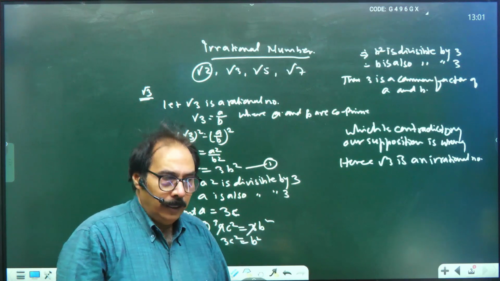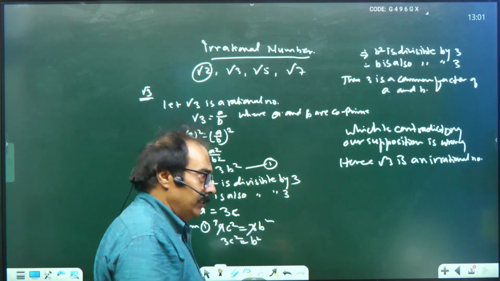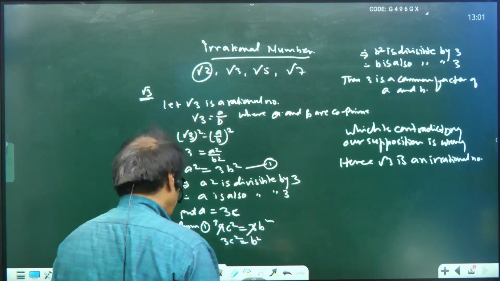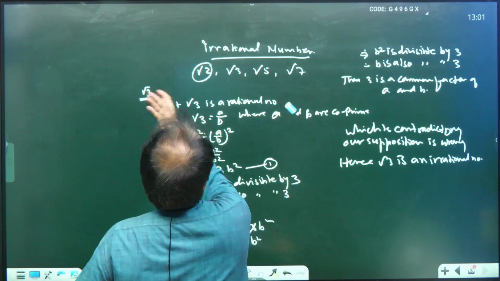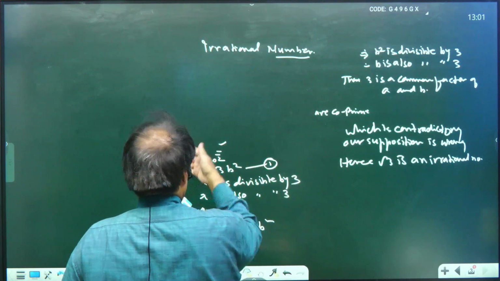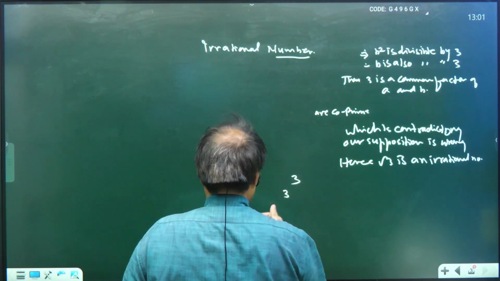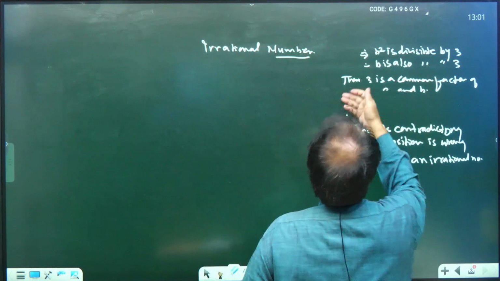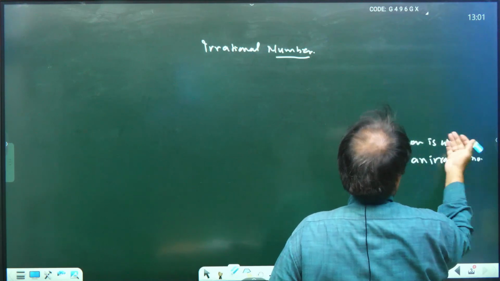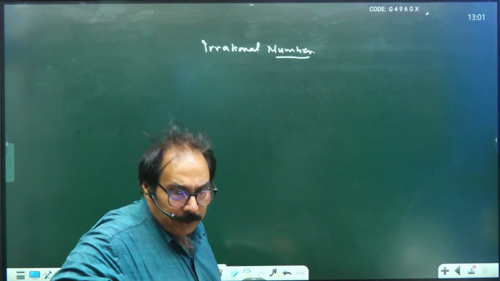Now I am taking another type of question, in the case of plus, in the case of minus, in the case of multiplication, in the case of division. Next question, question number 2.